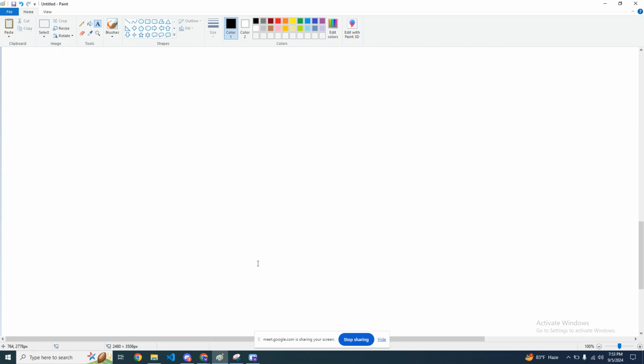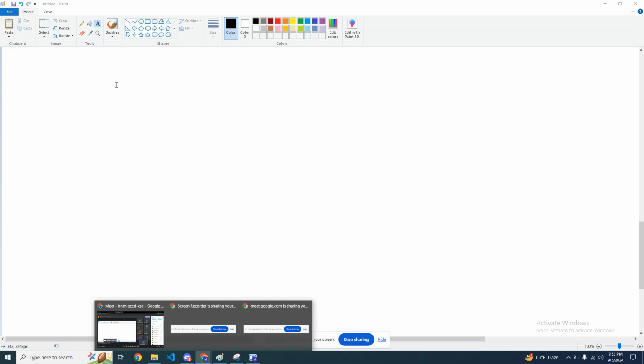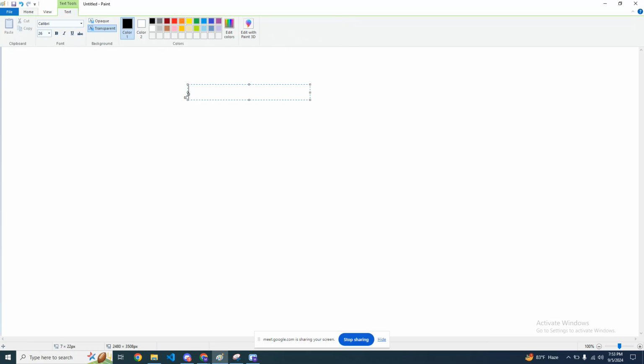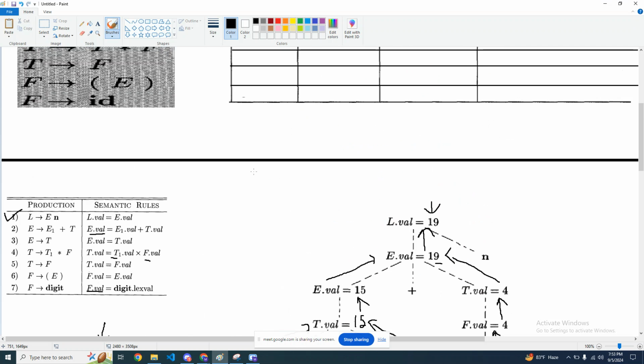So far we have seen two types of attributes, right? One is synthesized attribute and another is inherited attribute. So this is the type of attribute. Now we have two types of syntax directed definitions. What are syntax directed definitions?